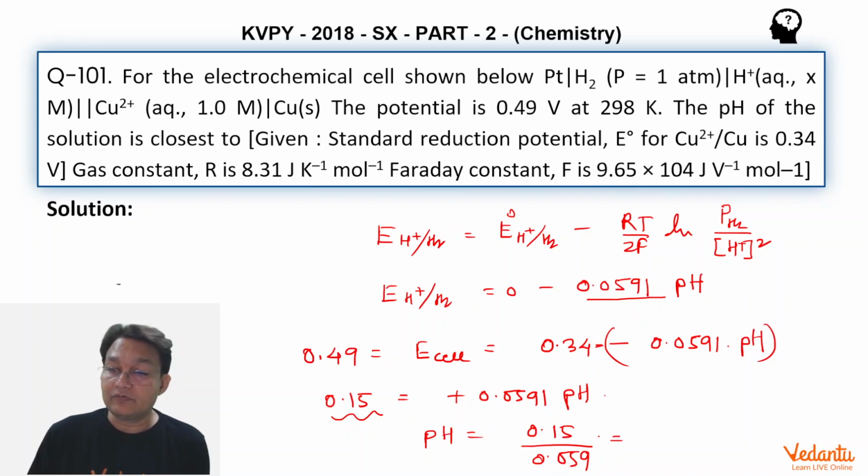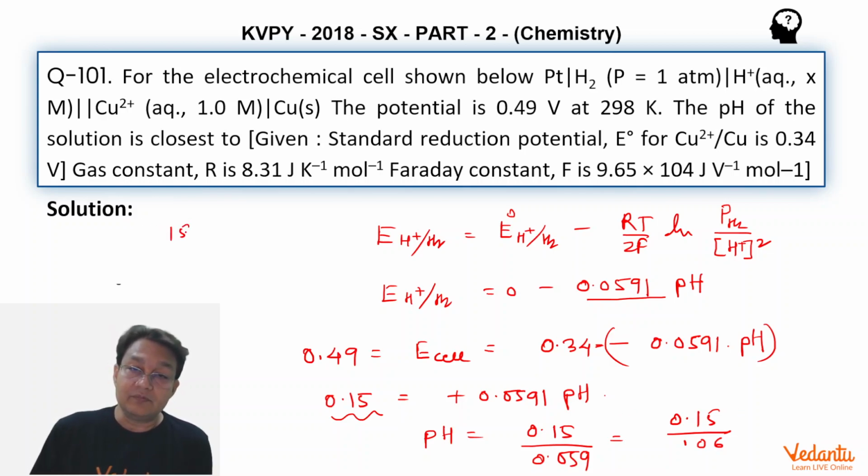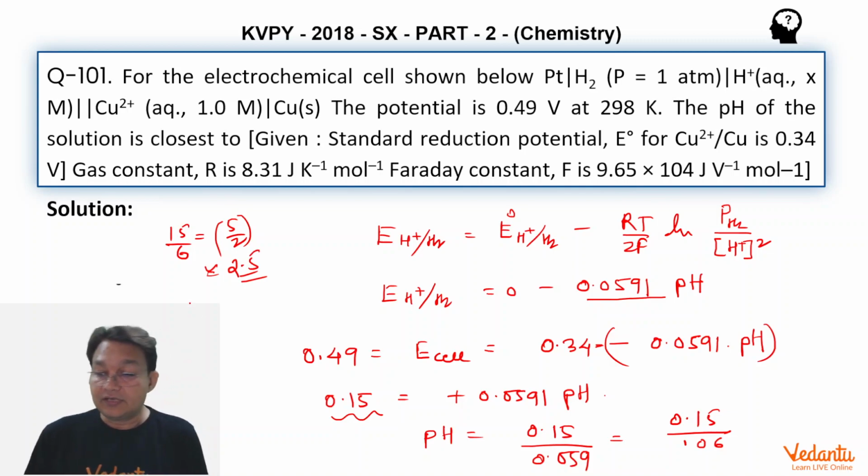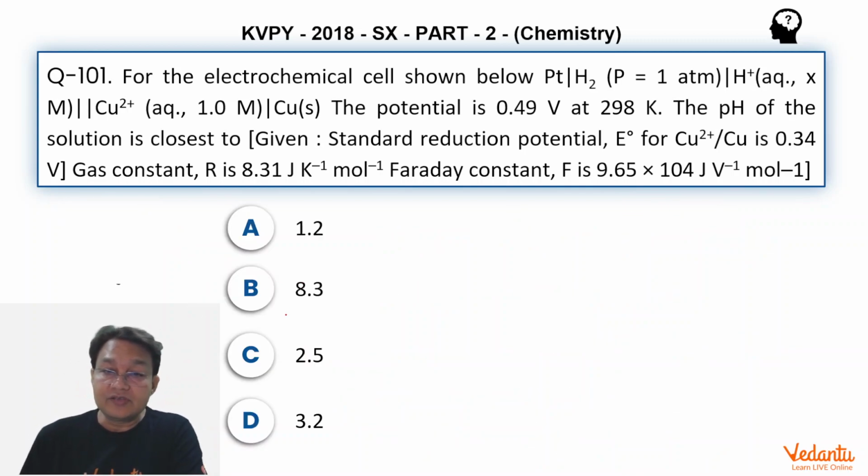If you divide 0.15 by 0.06 nearly, that is 15 by 6, which is 5 by 2, that is nearly 2.5. So what are the options? The closest option is the C option.